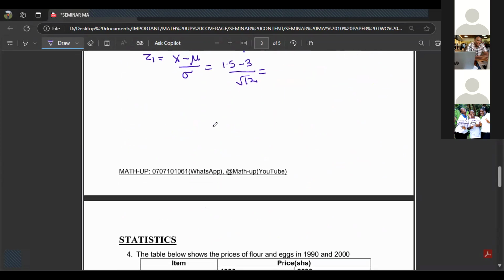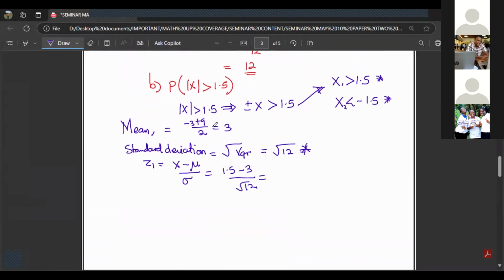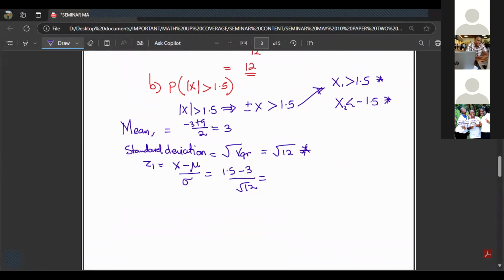Then, for this one, as advised to proceed, we shall standardize. We get Z1. That would be 1.5 minus 3 over root 12, which gives us negative 0.43.